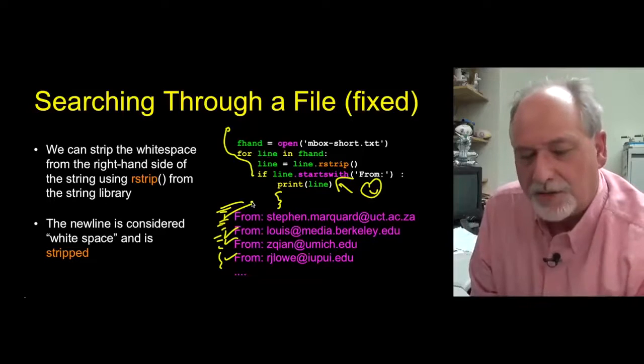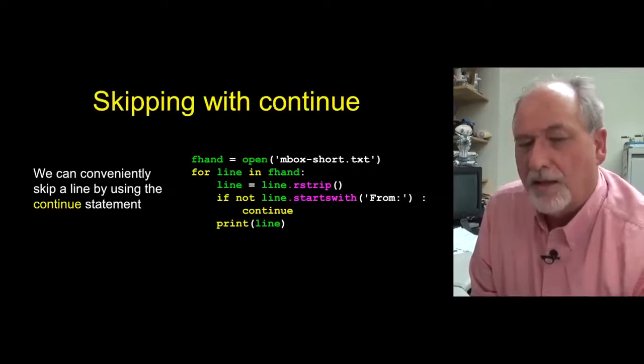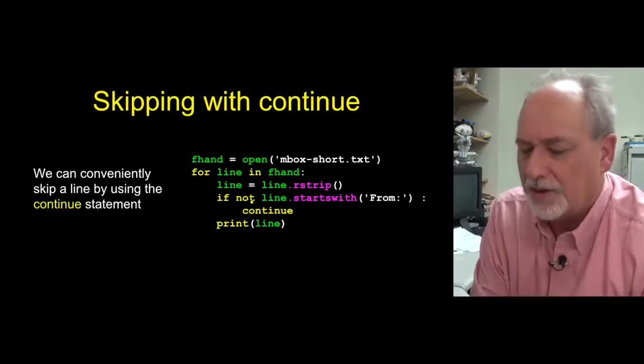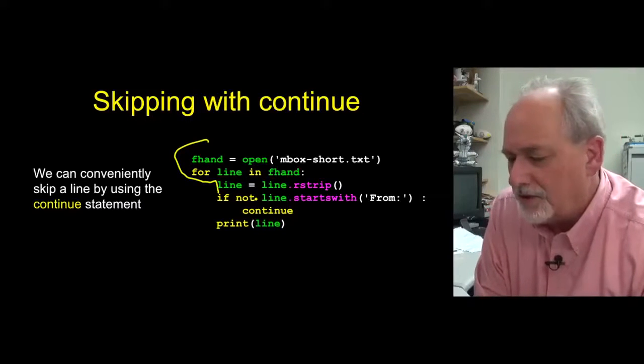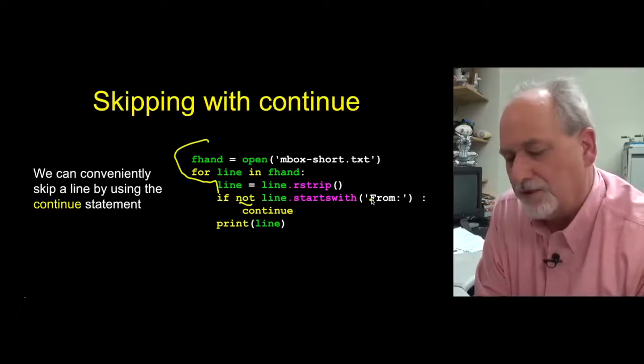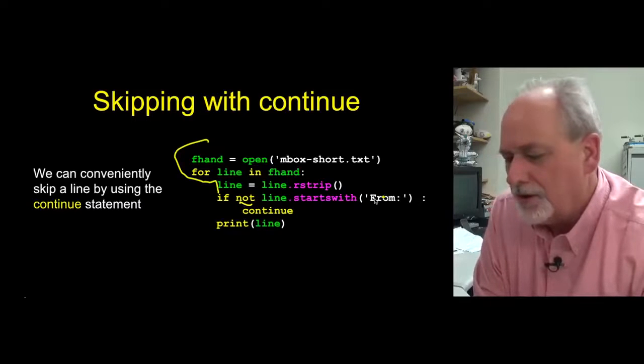So sometimes you structure the loop a little bit differently. This is going to do the exact same thing, it's just a different way of thinking about this loop. The top part is the same, we're stripping it, and everything's the same here except we add this not. If the line does not start with from, continue.